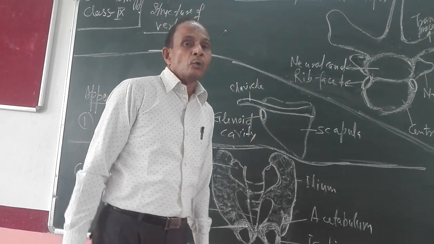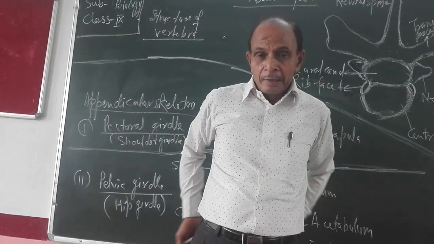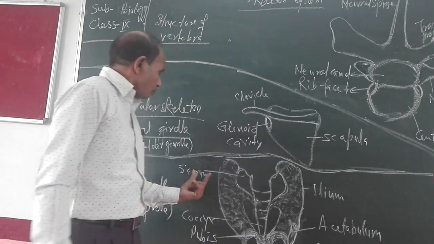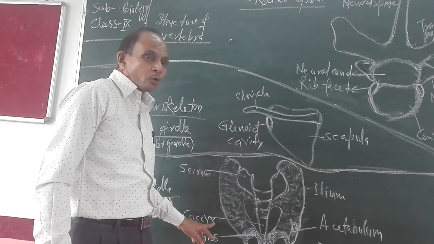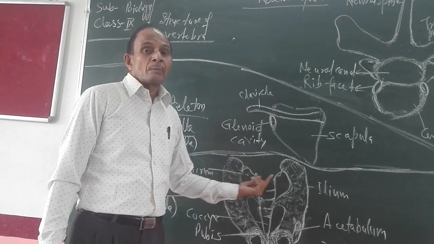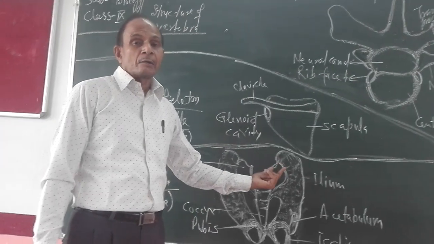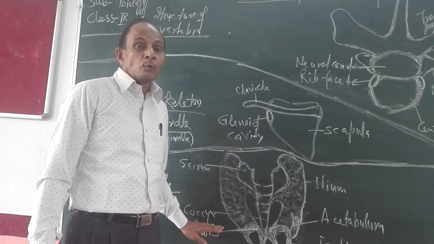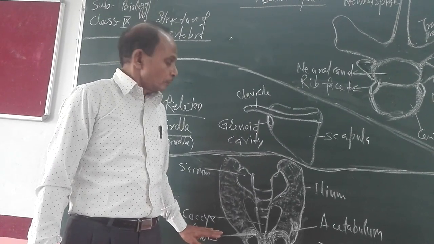These three bones are found arranged around the combined form of sacrum and coccyx. Previously, you have studied that the sacrum is the fused form of 5 sacral vertebrae, and the coccyx is the fused form of 4 coccygeal vertebrae.